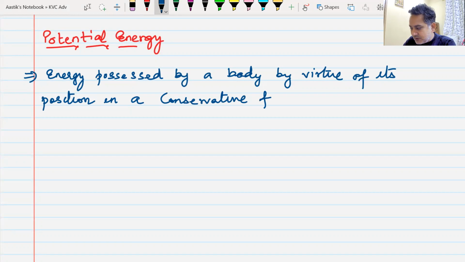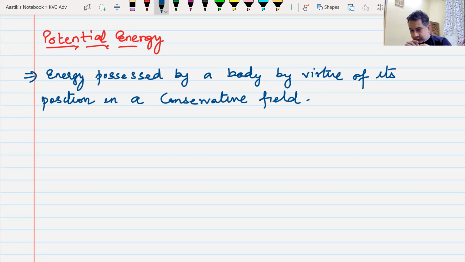So if a body is present in a conservative field, what do you mean by conservative field? Gravitational field is a conservative field. Yes, sir. Electrostatic field is a conservative field. If you have a gravitational field, for example, where I am sitting or where you are sitting, do we have a gravitational field here? Yes, sir. Created by whom or what?